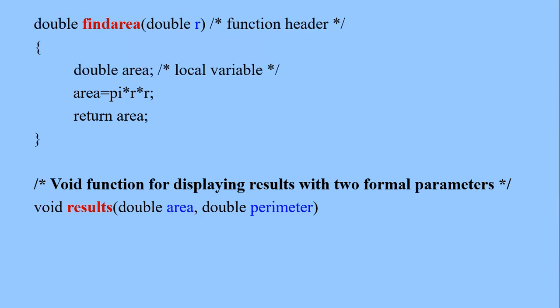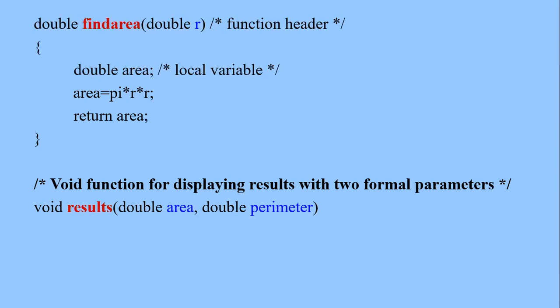So in other words, from the main function or from any other function, the void function called results will receive the value in the memory location called area, and is of type double. And it will also receive the content in the memory location called perimeter.